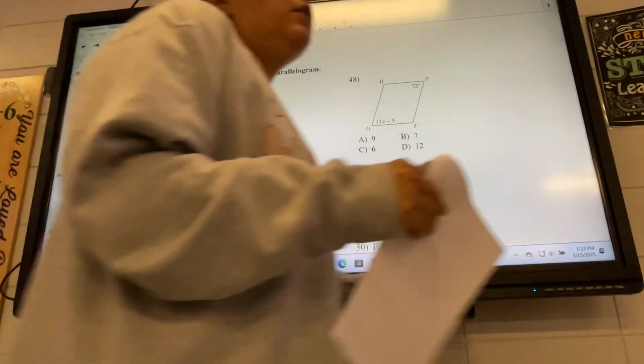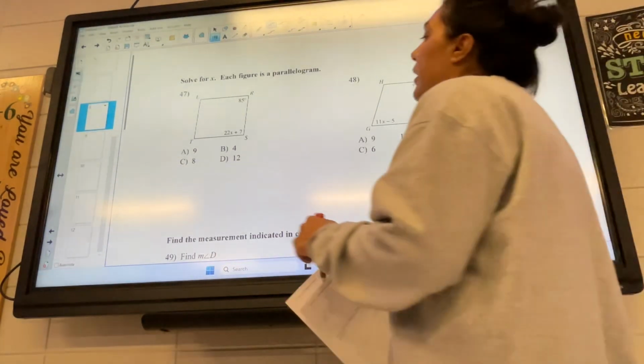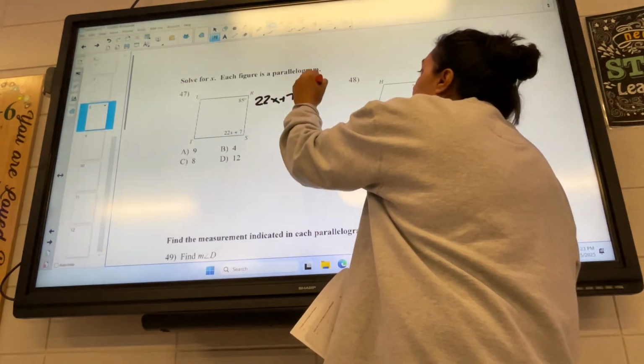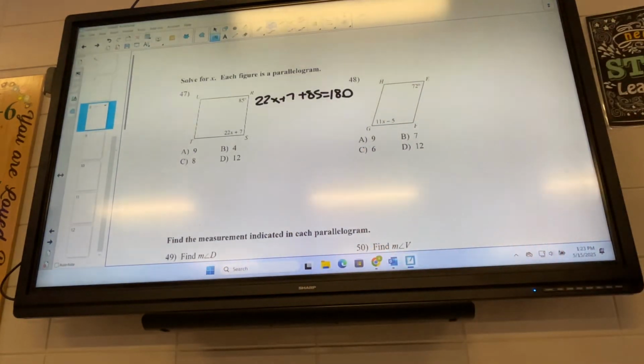Okay, 47. Are those on the same side or are they on opposite corners? Same side. They're on the same side, so we're going to add them together and say equals 180. Okay, so 22x plus 7 plus 85 equals 180. Who can get combined?